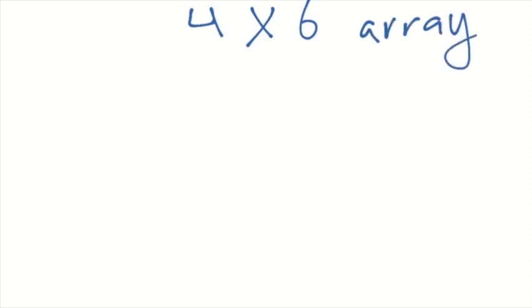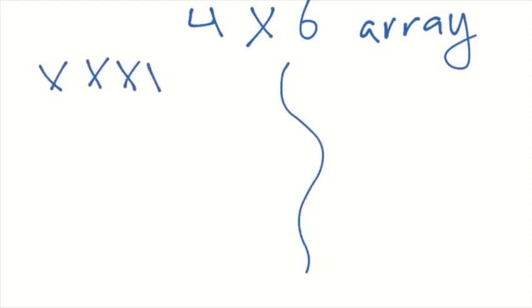Then the lesson is asking us to draw a 4 by 6 array. You can have students draw this using their dry erase board. You can have students show you how to make an array using the manipulative pieces, or you can do both. And the best recommendation is to do both. So you draw the 4 by 6 array.